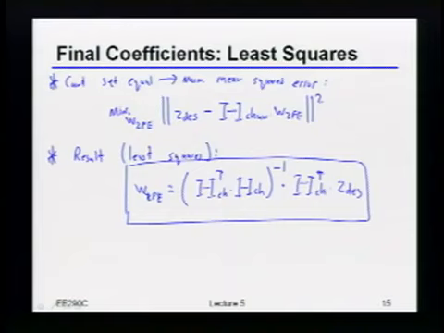Just in case you don't believe me, and maybe you should do this as a homework exercise, the dimensions do work out. This thing here is a 3 by 3 matrix. That there, with the transpose, is a 3 by 5 matrix. This is a 5 by 1 vector.